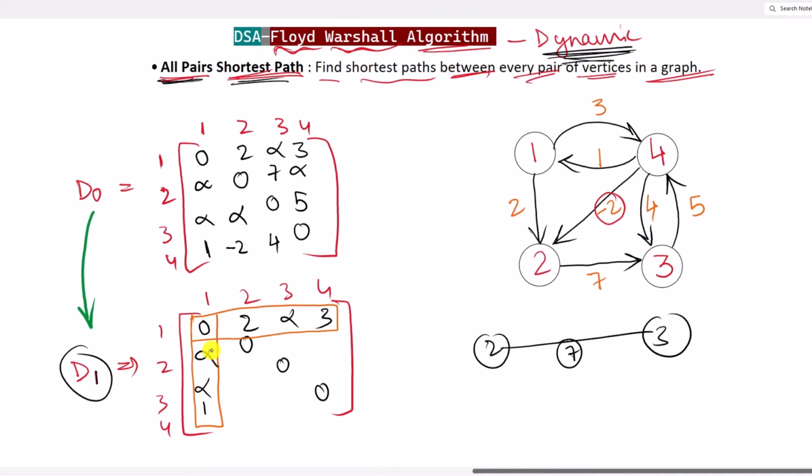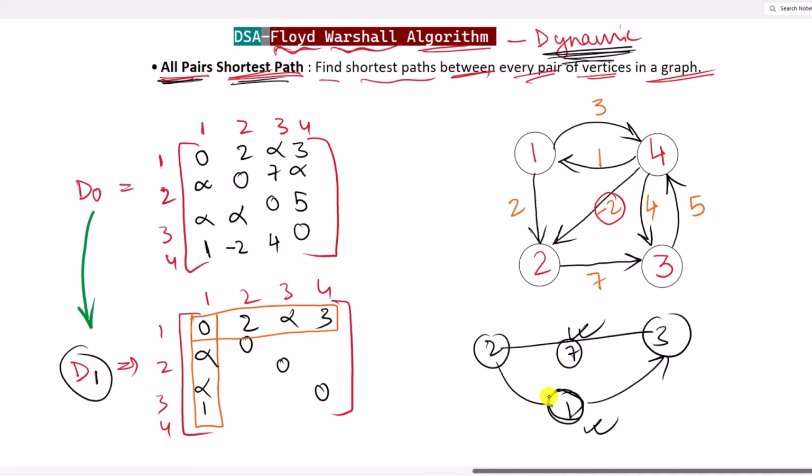Now we're gonna go through the vertex 1 and check if that is better than this direct path or not. So we're gonna use this vertex 1 as the intermediate and see if we found some better path or not.